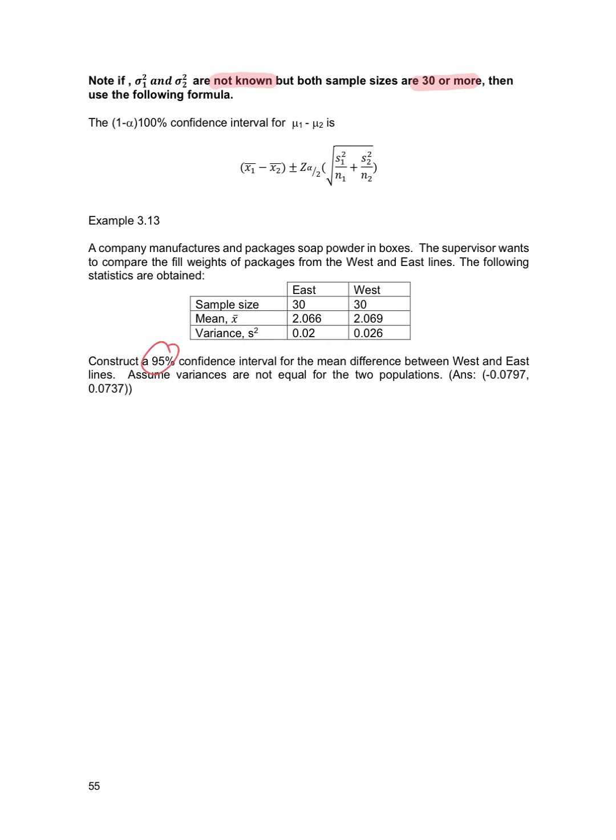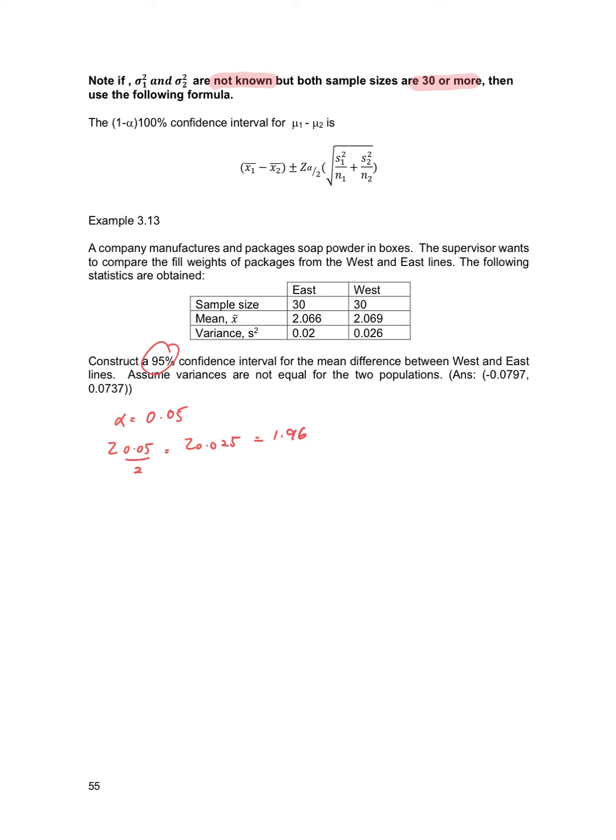Okay, since kita nak construct 95% confidence interval, so our alpha is 0.05 lah. Okay, so you need to find value for z 0.05 divided by 2, z 0.025. So you are referring to table number 4. We get the value z 0.025 is 1.96.